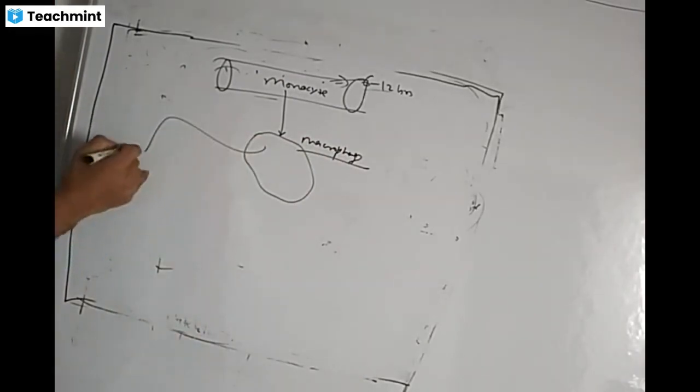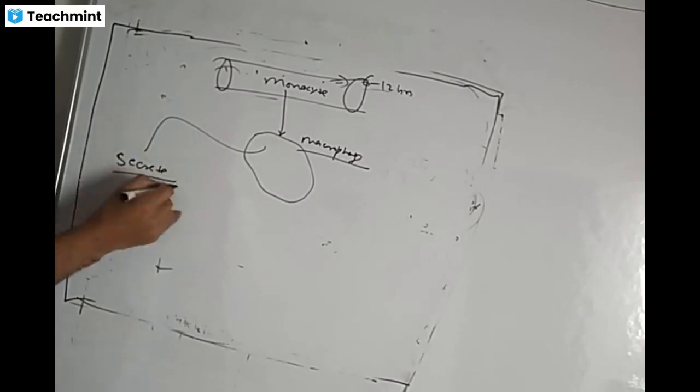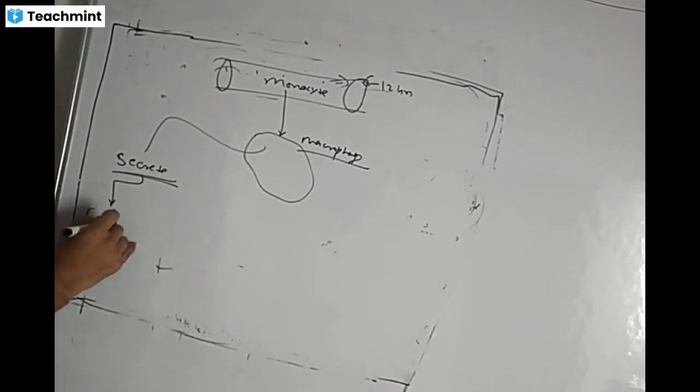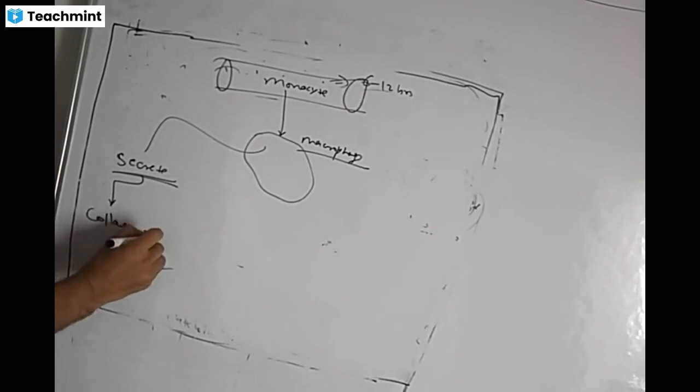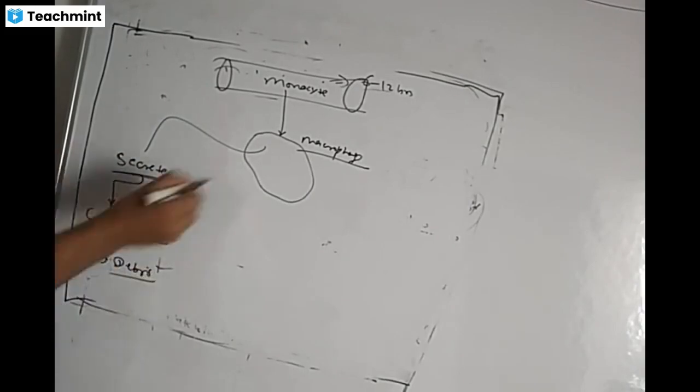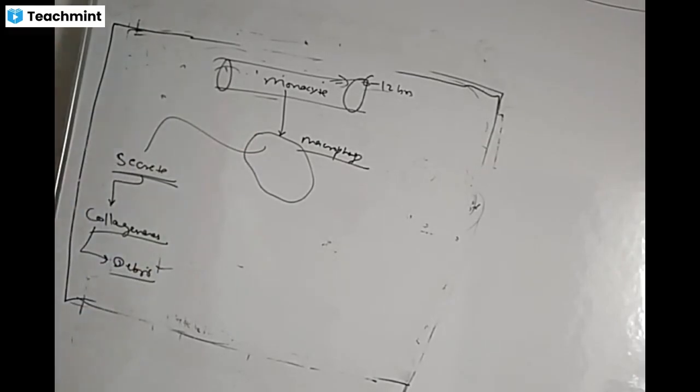These macrophages, they secrete, what do they secrete? Collagenase. Collagenases to remove the debris, because these are part of debridement. So to remove the debris and some foreign material, they release collagenase.